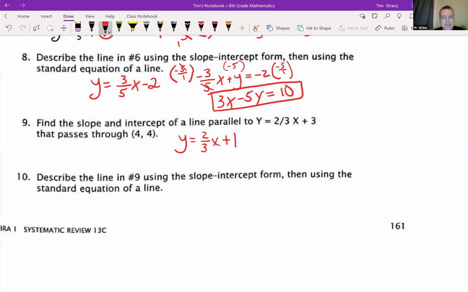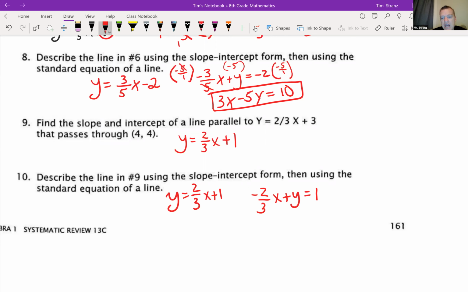All right, number 10, describe the line using slope-intercept form, then using the standard form. So slope-intercept form is already there for us, right? It was y equals 2/3 x plus 1. Standard form, I'm going to have to subtract that 2/3 x, so I'm going to have negative 2/3 x plus y equals 1.